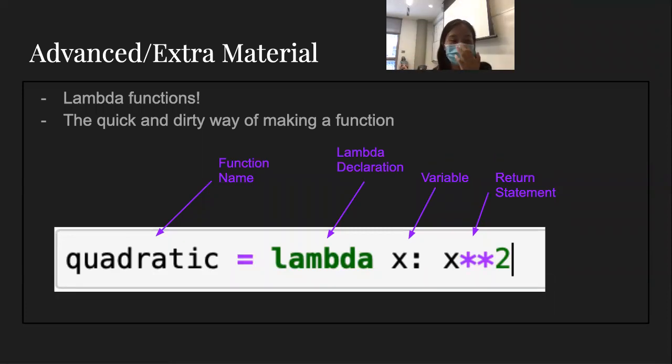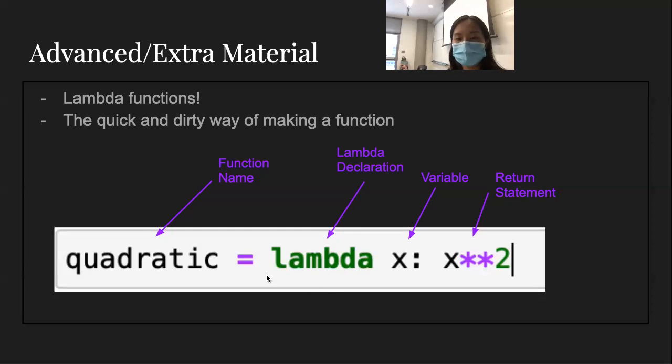First, we have another way to make functions, and you can do this with lambda functions. This would be the exact same function as if we did def quadratic and then return x to the power of 2. But since it's just one line, a lot of times people simplify their code by using the lambda keyword, which is a word that Python already recognizes.